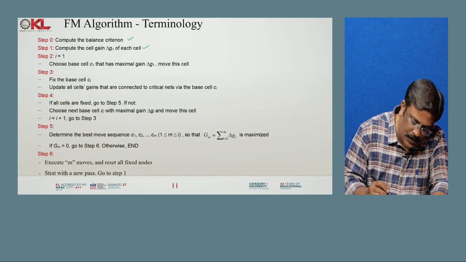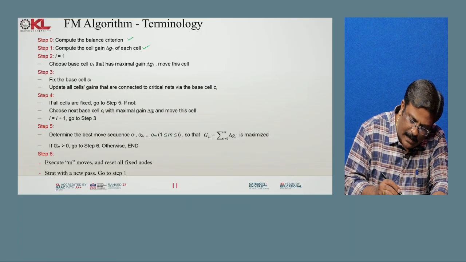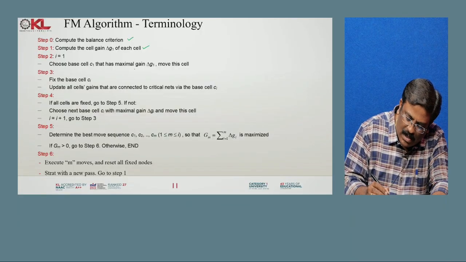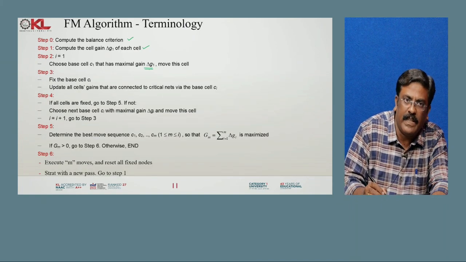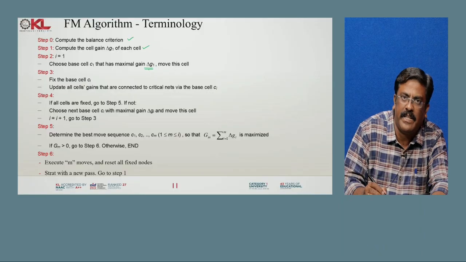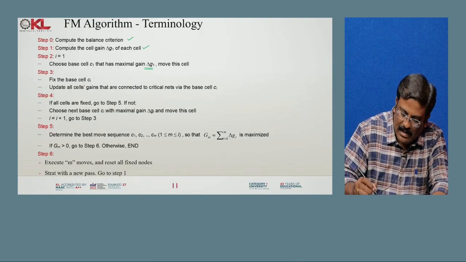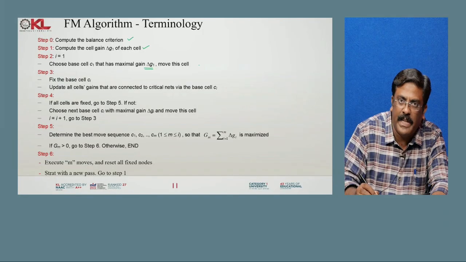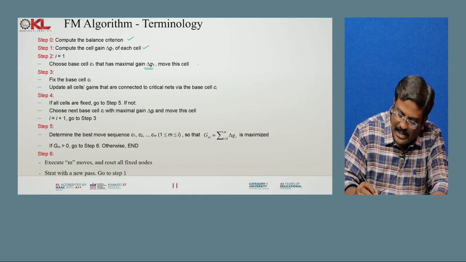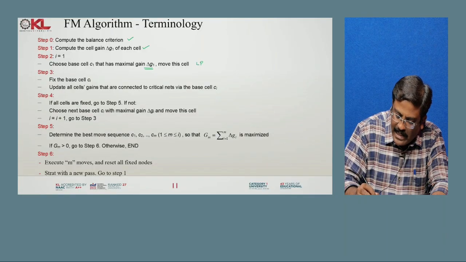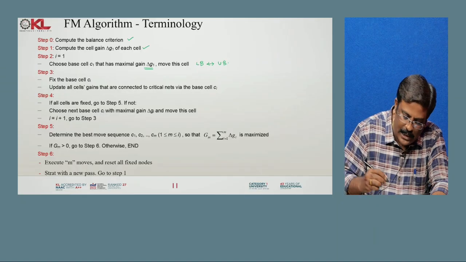In step 2 we choose the base cell based on the maximum gain del G, and we also have to see whether it satisfies the balance criteria. Once you have chosen a cell as the base cell, it should fall between the lower bound and the upper bound value with respect to the balance formula.